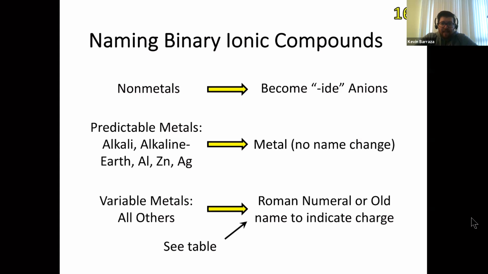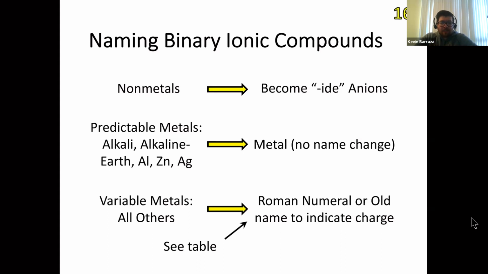An example of that would be, say, lead. Lead can come in two different forms, a +2 charge ion and a +4 charge ion. Because it's variable, we have to let the reader know which one we are talking about.